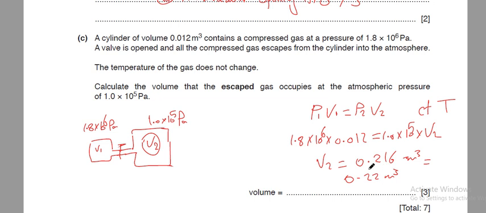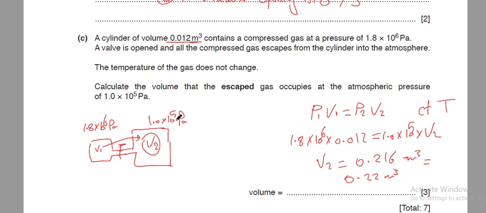But this is the volume if all V1 goes to the second container and there is no more gas in the first container. But this is not the case. Although most of gas escapes to the less pressure, there exists gas here in the first container that has the volume of the container, which is 0.012 meter cube.